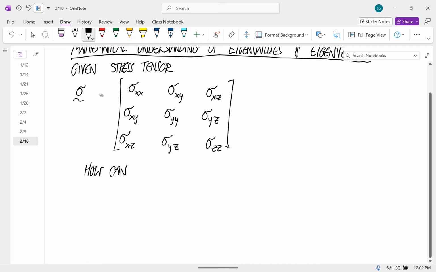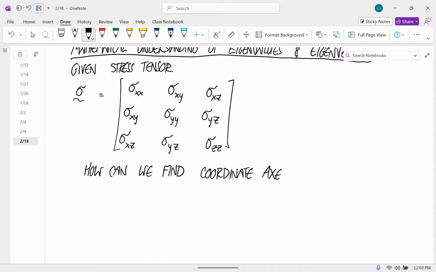How can we find coordinate axes for which all stresses are normal stresses?